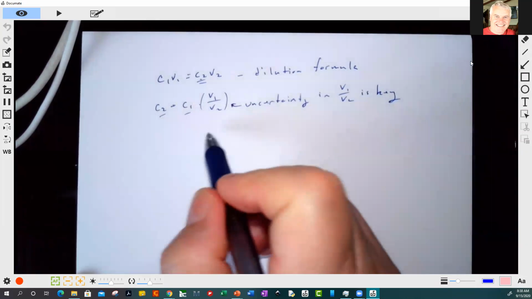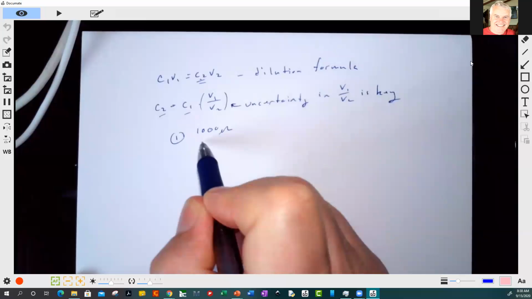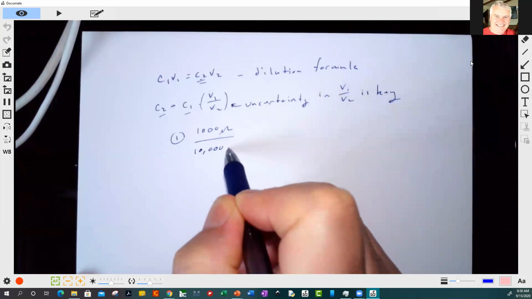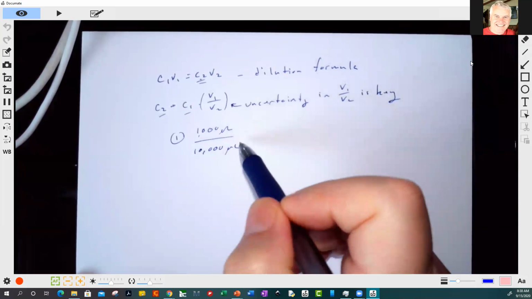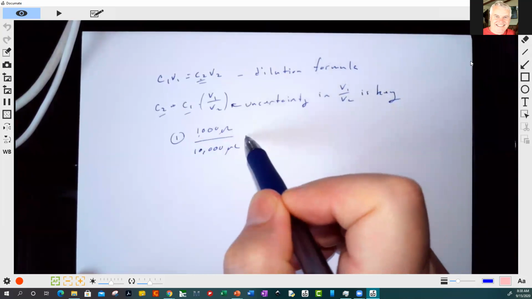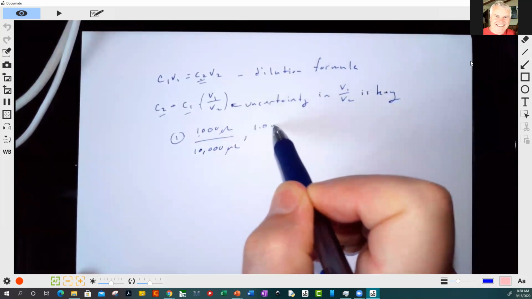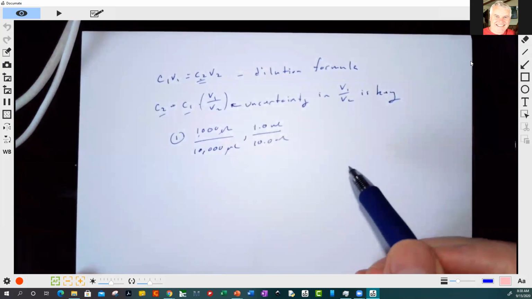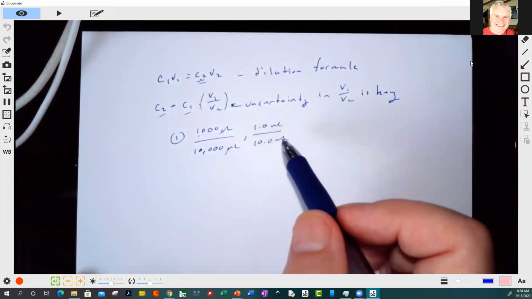So if we use case 1 here, which is 1,000 microliters over 10,000 microliters, so this is a 1 over 10. This is the same as saying a 1 milliliter over a 10 milliliter, right? The precision on those values aren't the same, but that's essentially what we're comparing.